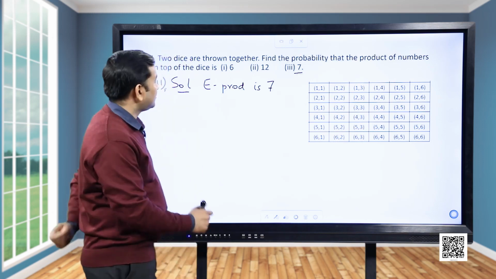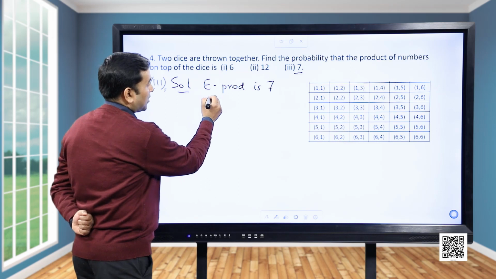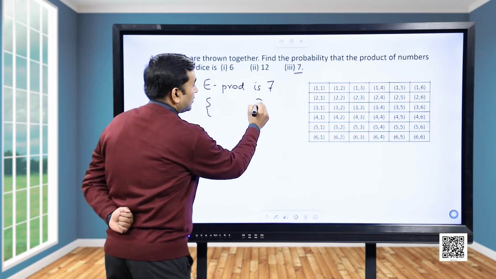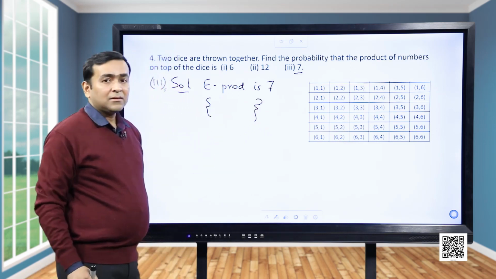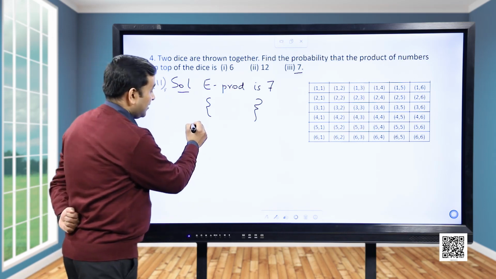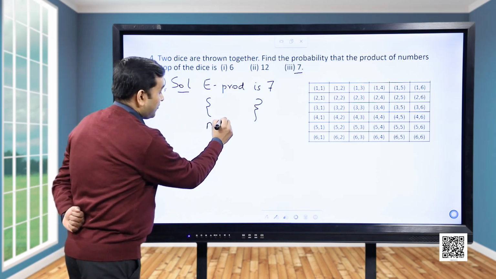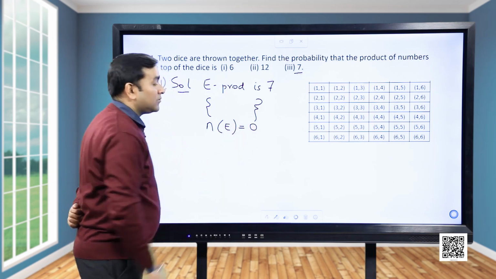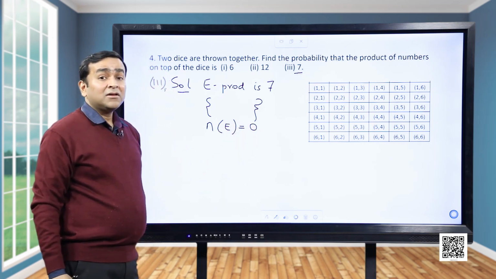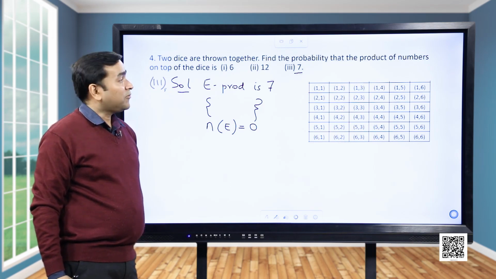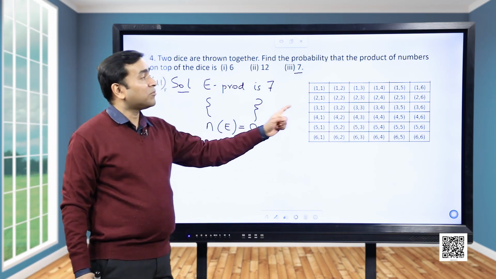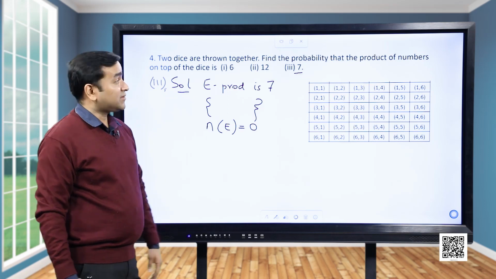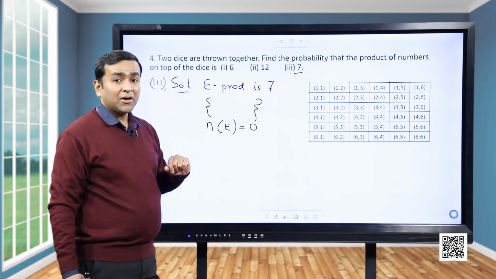No. So what is a favorable outcome? Nothing. As in, the favorable outcome is 0. Why? Because this is an impossible event. We cannot find any outcome wherein the product of numbers is 7. Okay.